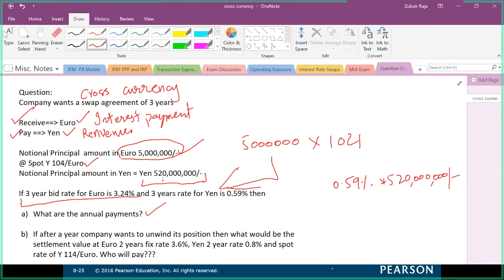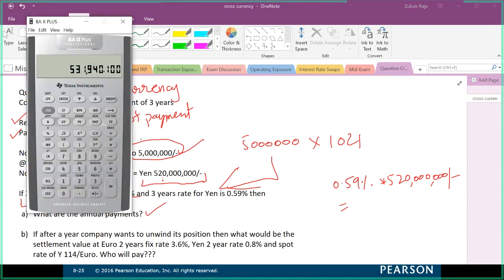For the next 3 years. This will be the interest payment. So what is that interest payment? If you do the calculations, remember you have to divide this 0.59 by 100, right? So if you divide it, what will you get? 0.0059 multiplied by 520 million, right?